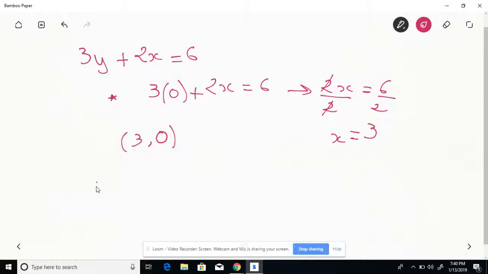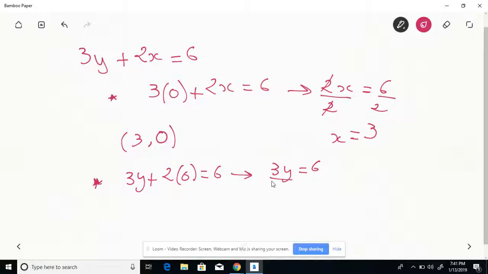The second one, the y-intercept, we put x equals 0. So it's 3y plus 2 times 0 equals 6. Here it's 3y equals 6.